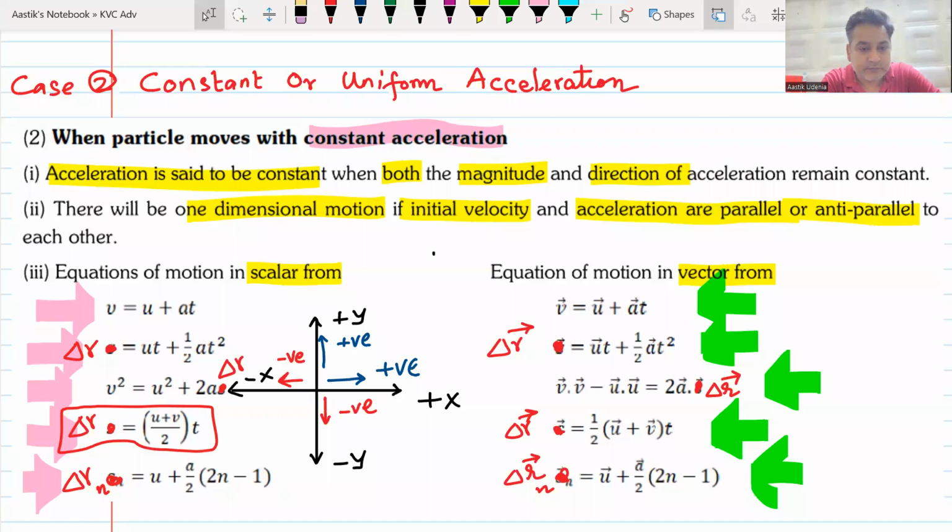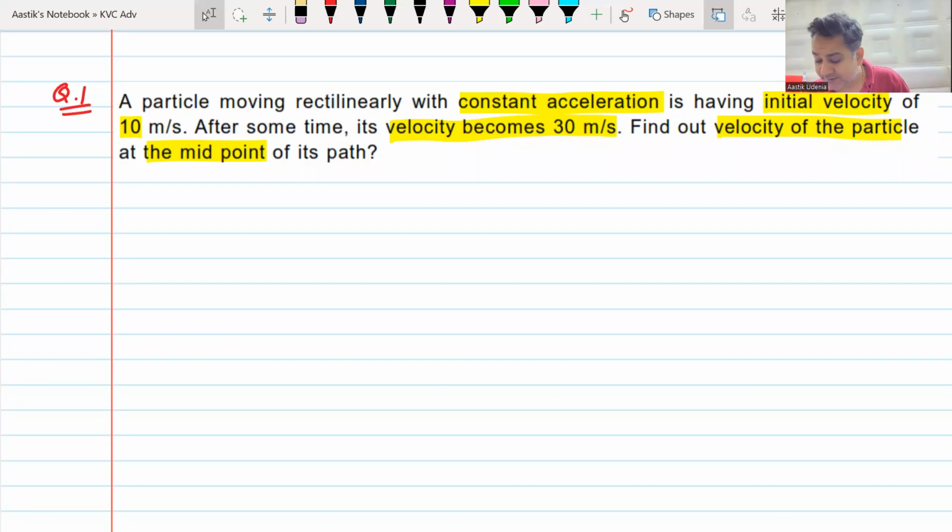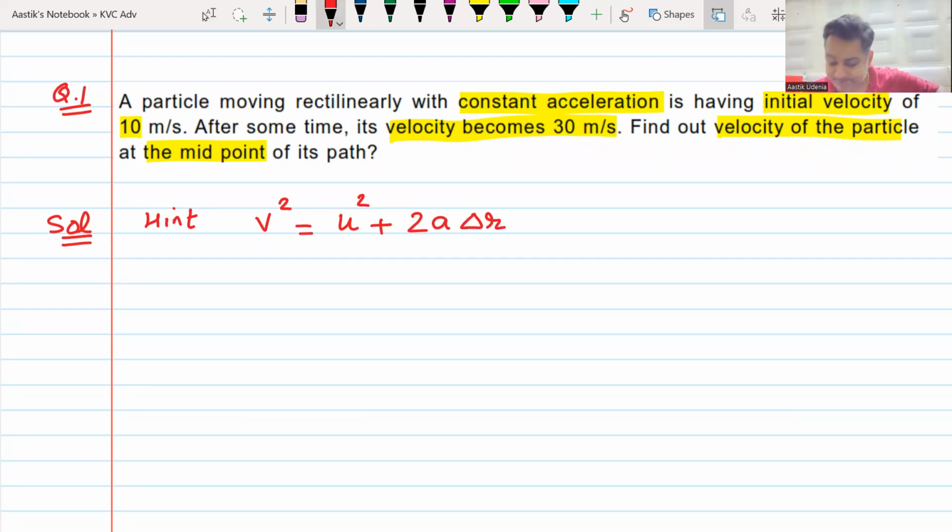V square minus U square equal to 2AS. Yes, that is the equation that has all the three components. V square is equal to U square plus 2 times A into delta R or S. So that is the equation we must use. Yes or no?